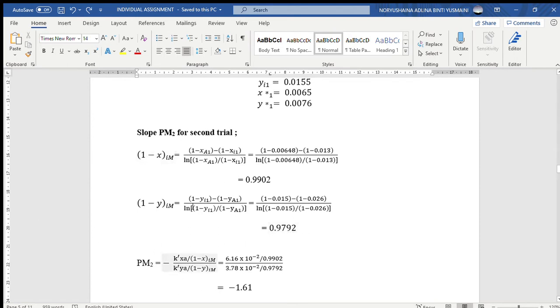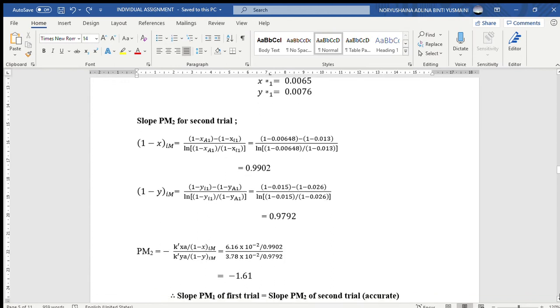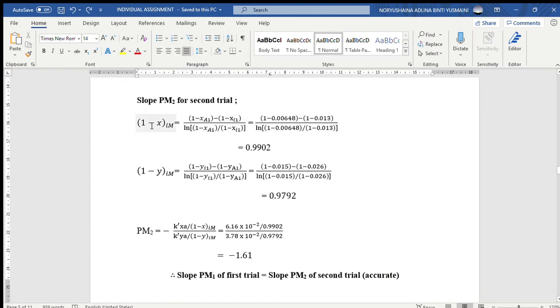So, to calculate the slope for the second trial, we need these values, which are 1 minus xim and 1 minus yim. So, the equation to find the second slope of the second trial is like this. What I had done is I substitute into this equation, and finally I got the second slope is negative 1.61.